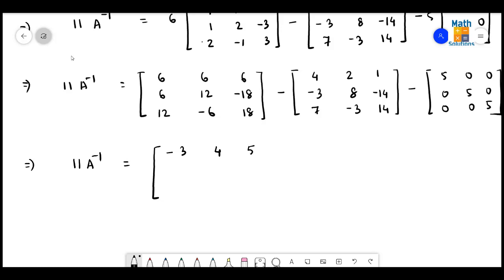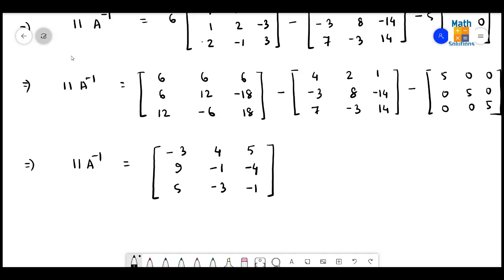Then 6 plus 3, ultimately it is 9. Then after 12 minus 8, it is 4. Minus 5, this result will be minus 1. Then after minus 18 plus 14, the result comes as minus 4. And the last three values are 5, and then minus 3, then 18 minus 14, it is 4, minus 5, it is minus 1.